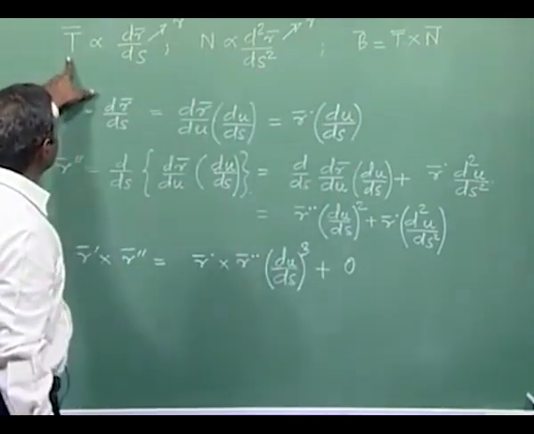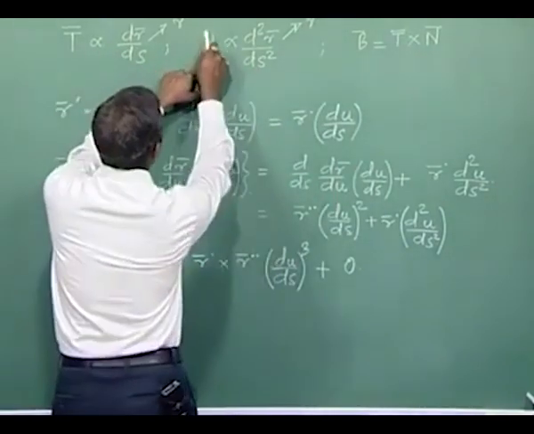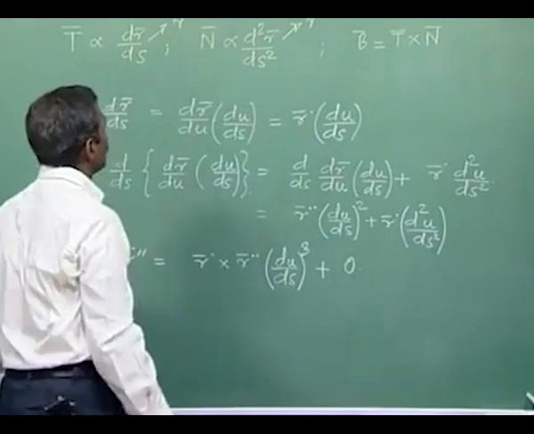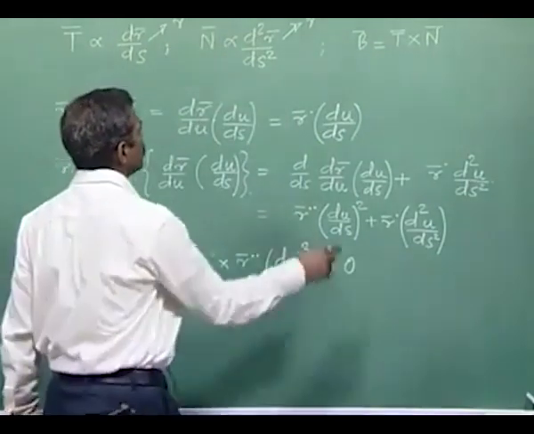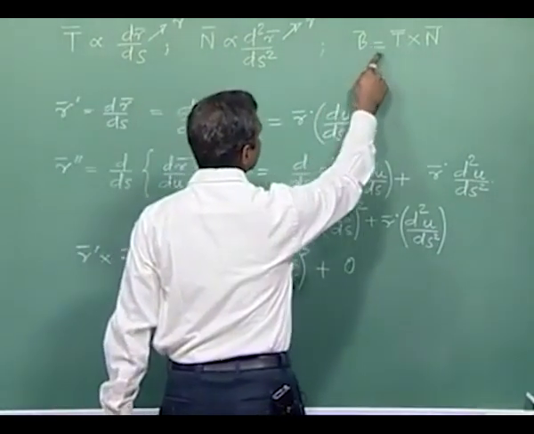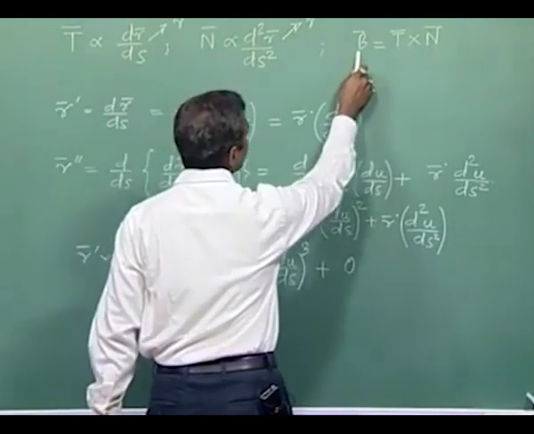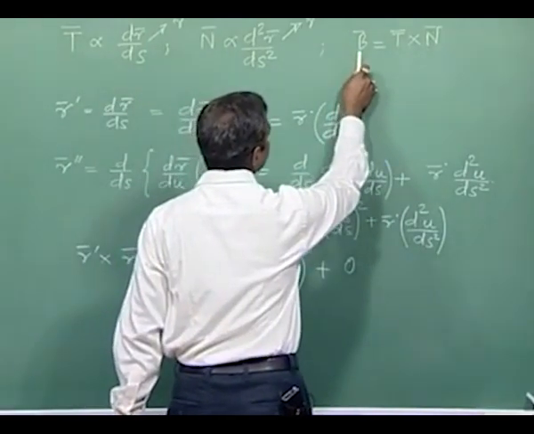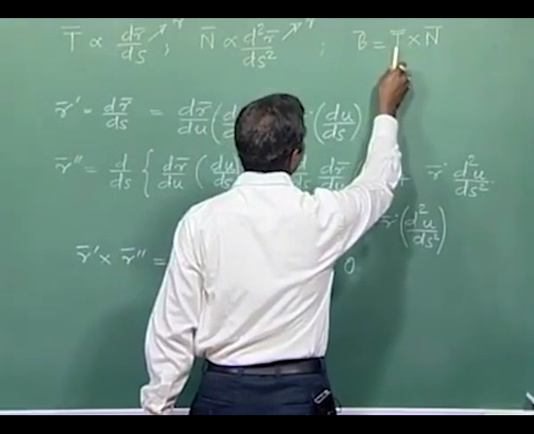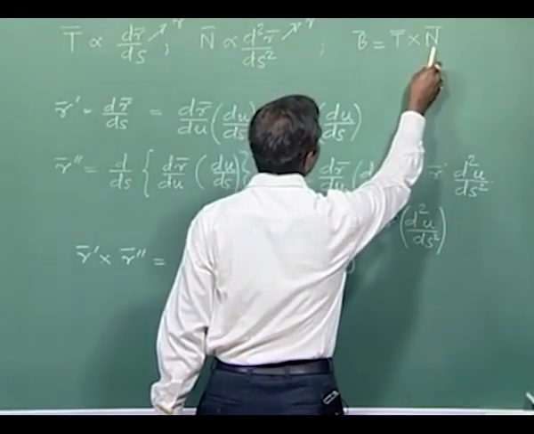Notice also that t and n are perpendicular, and the vector binormal is perpendicular to both t and n, because of which b is represented as the cross product between the unit tangent and the unit normal.